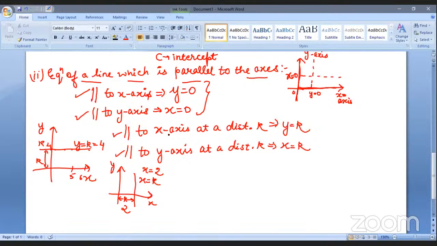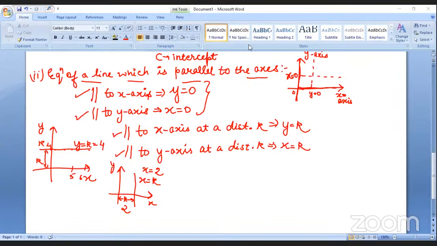Does anybody have any doubt in this part? You may ask if you have. No ma'am. Okay, great. Y is equal to k, x is equal to k. Very good.